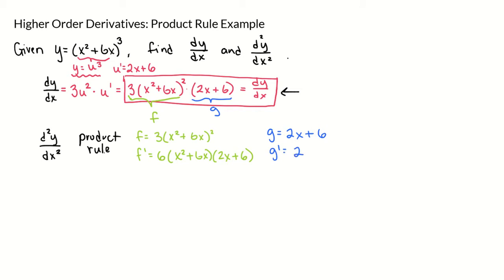So now, when we write out d squared y over dx squared, we'll be doing f multiplied by g prime plus g multiplied by f prime.